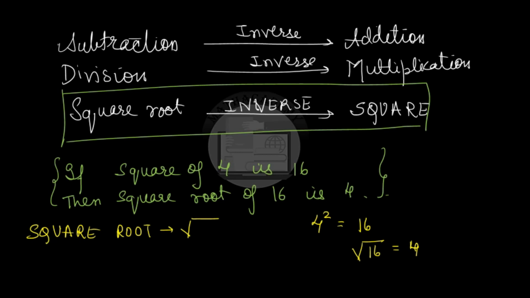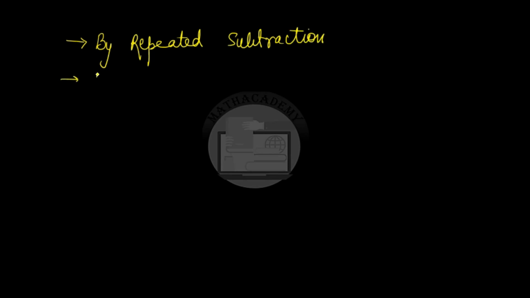There are different ways in which we can find out the square root of a number. The first way is by repeated subtraction. We can also find the square root of a number by prime factorization, also by the division method.